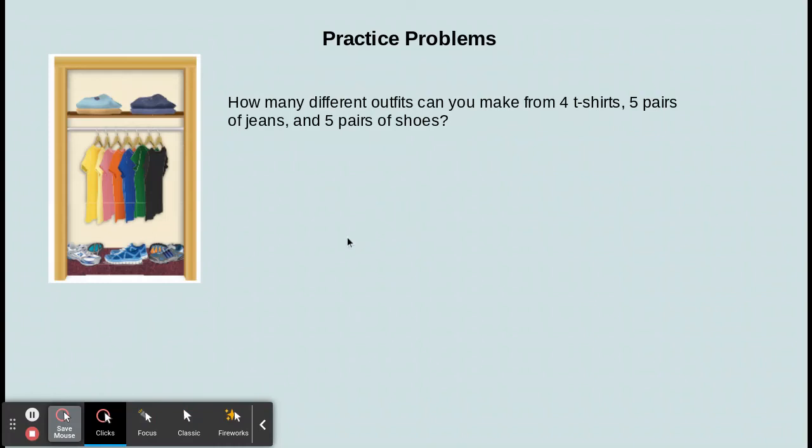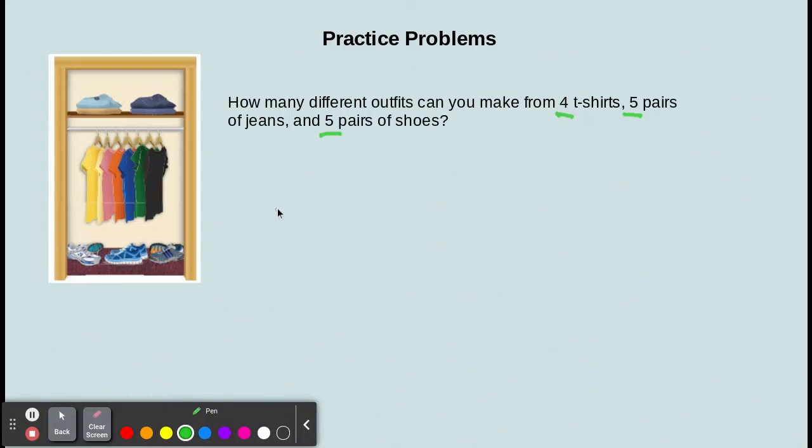Next practice problem. Here we go. This time, I'm using an old picture, but in this situation we actually have 4 t-shirts, 5 pairs of jeans, and 5 pairs of shoes. So how many different outfits can we make from that?